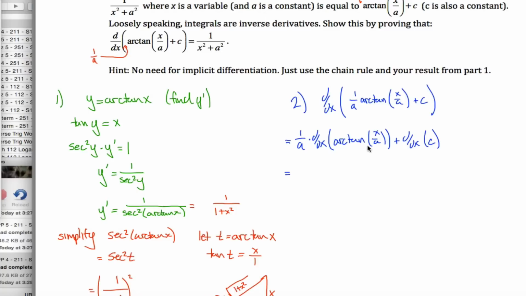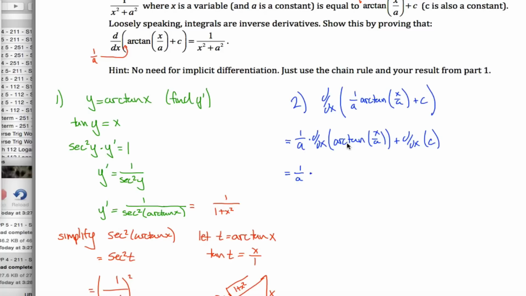Okay, so in this step, you're taking derivatives. We'll leave the 1 over a alone because that's not inside these parentheses. And really, we're trying to figure out the derivative of the arctangent of x over a. And what we'll use to figure that out is the result from part 1 and the chain rule. If it were just asking me the derivative of arctangent of x, I could say it's 1 over 1 plus x squared. But it's not.